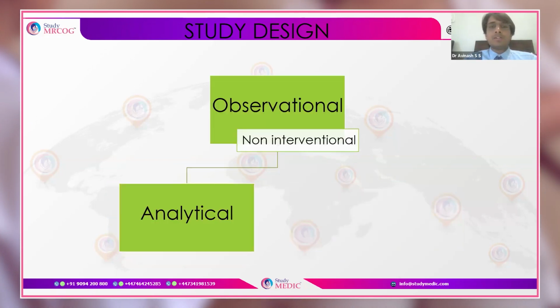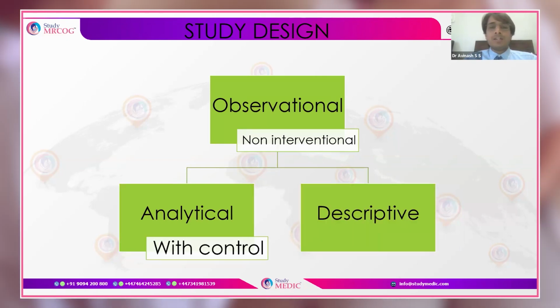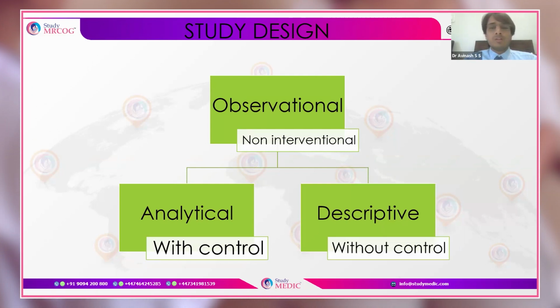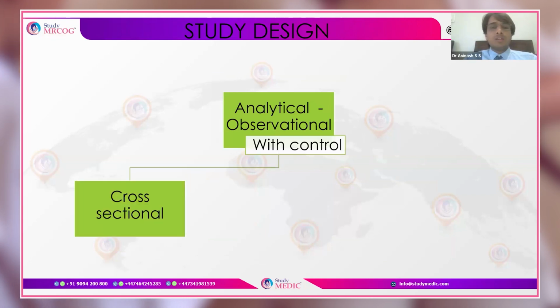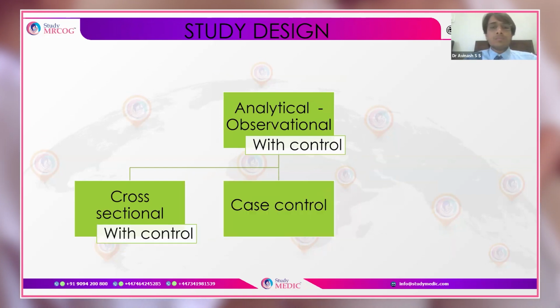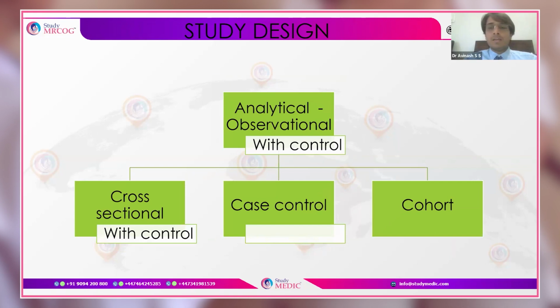Now the observational study designs, which are non-interventional, are classified into analytical, those with control, and descriptive study designs without control. The analytical observational study designs with control include, for example, cross-sectional study design with control, case control study design, and cohort study design, which can be both prospective and retrospective.